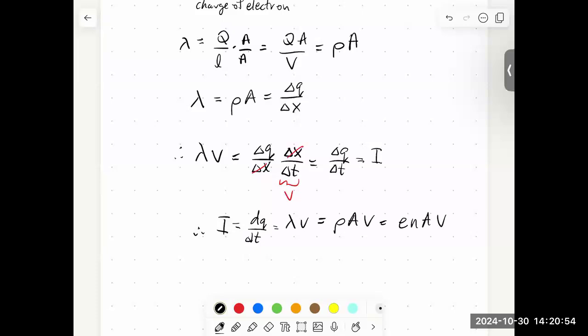And so you may remember this expression from a first year class. What was the speed usually called? Do you remember? It's how fast the charges are moving along our wire. Yeah, if I divide by the area, that would be my current density, J. This is called the drift velocity. So this was the drift velocity.